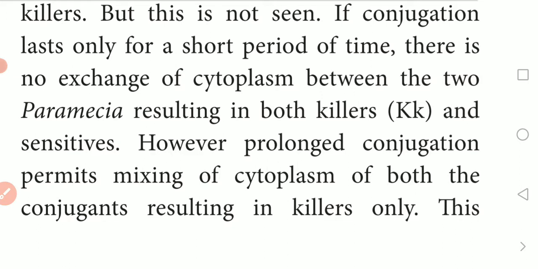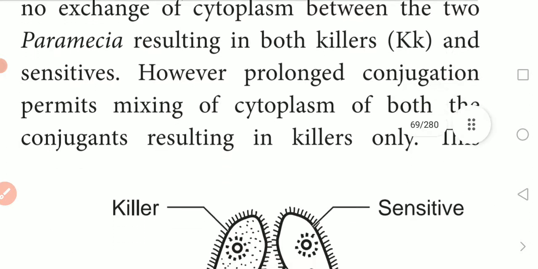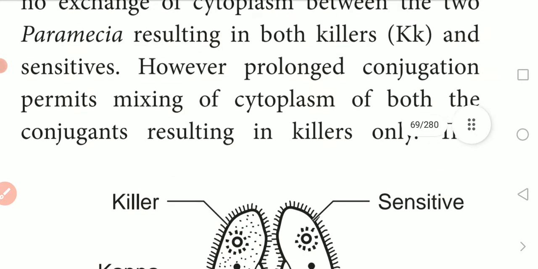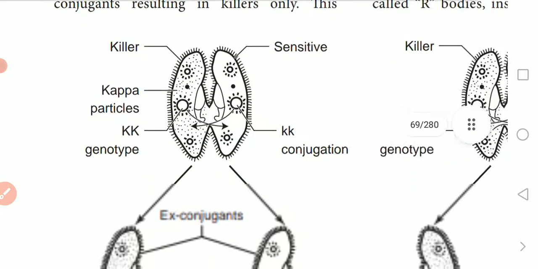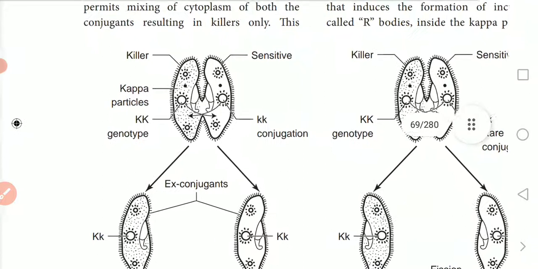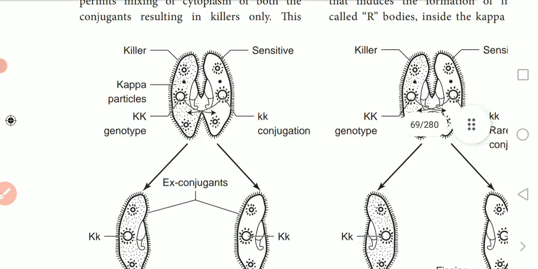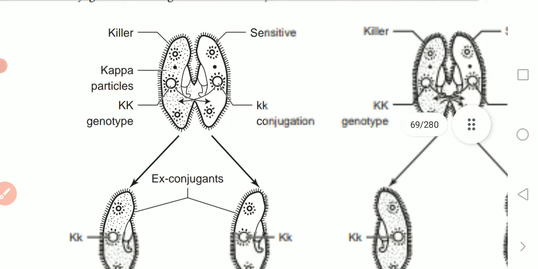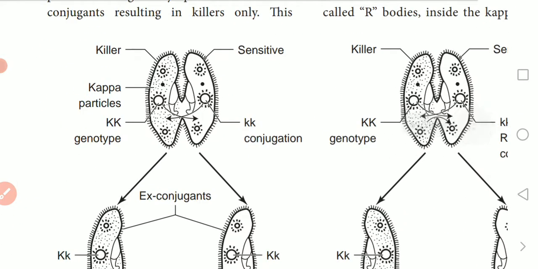When a killer Paramecium, capital K, conjugates with a sensitive, small k, which is recessive, the exconjugants are all heterozygous for the capital K gene. Here, kappa particles are denoted by capital K as dominance. If the kappa particles are present inside the nucleus as well as the cytoplasm, only then can they kill the other organisms.